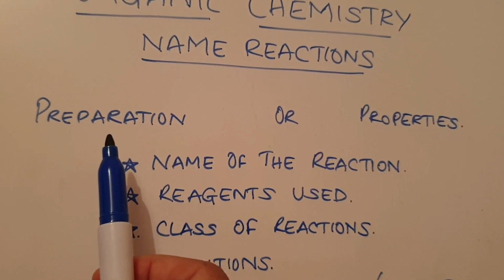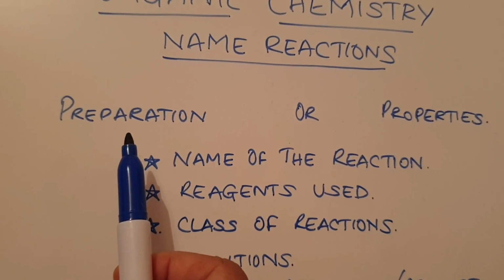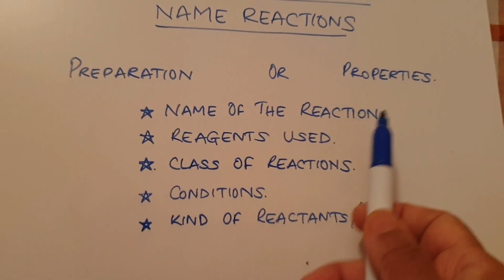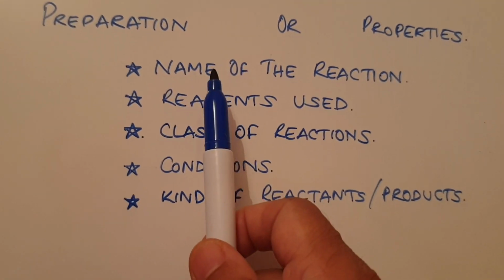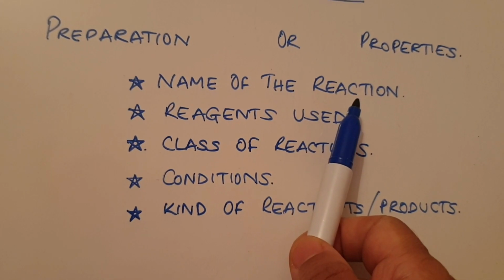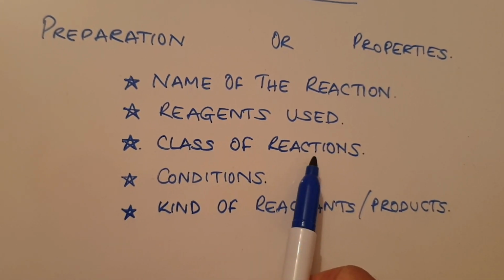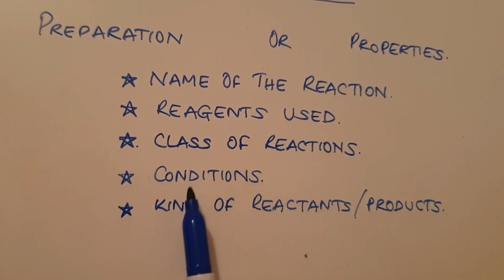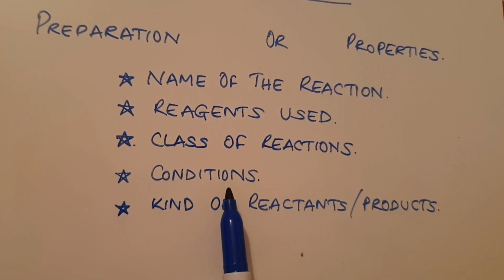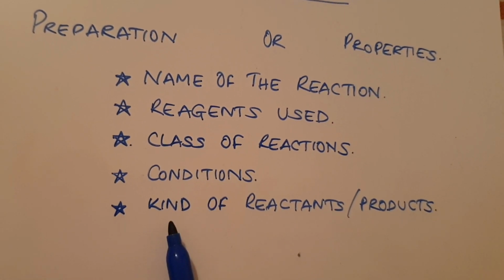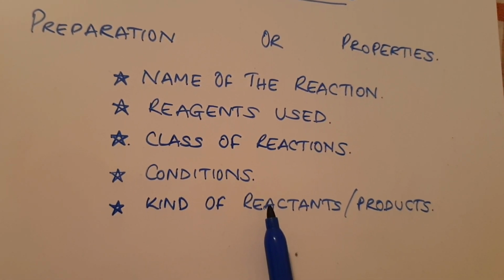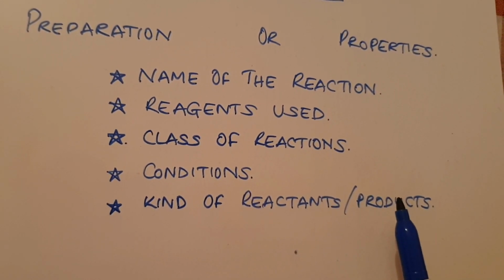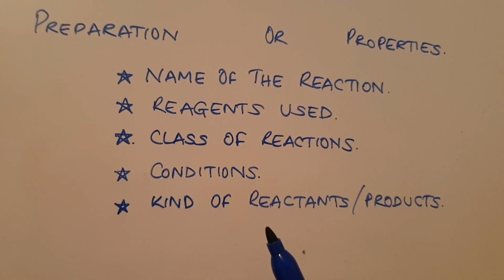So it can appear in both preparation of compounds or properties of organic compounds. And what you need to focus here is the name of the reaction, the class of reactions to which it belongs, the reagents used, the different conditions in which these reactions take place, and the kind of reactants which are used in the beginning, and the class of products which are going to be produced.